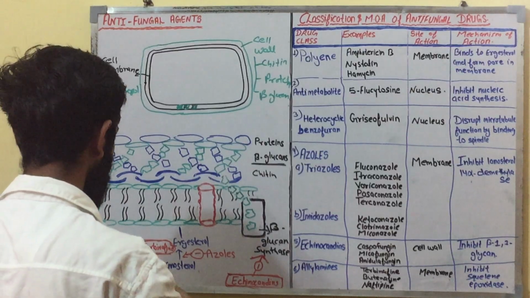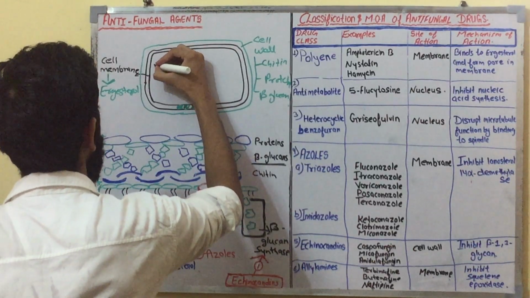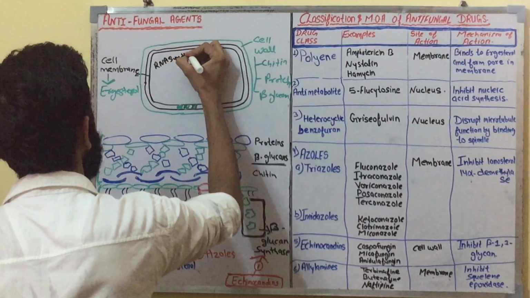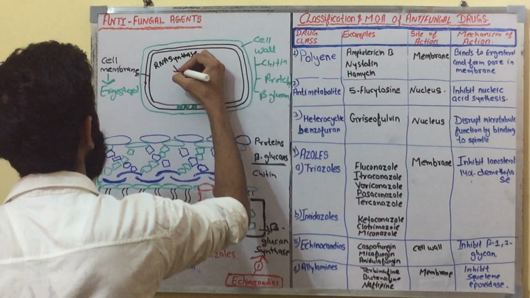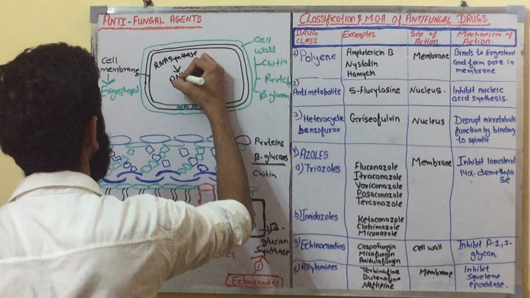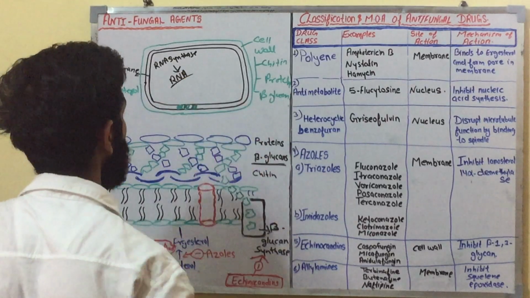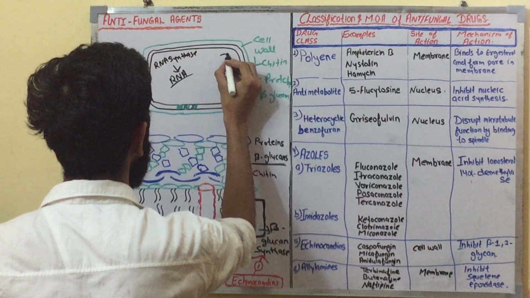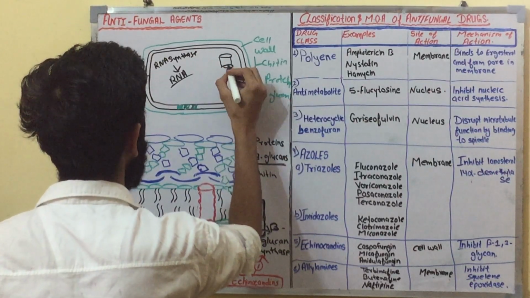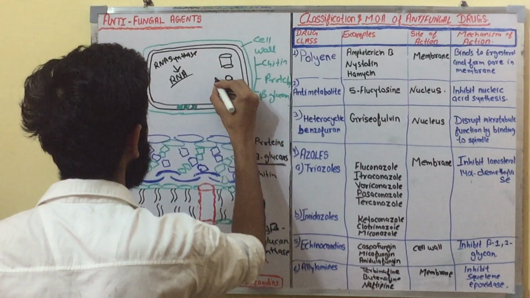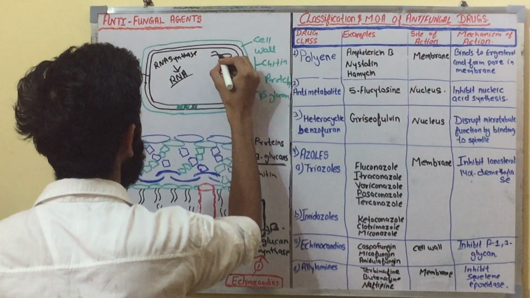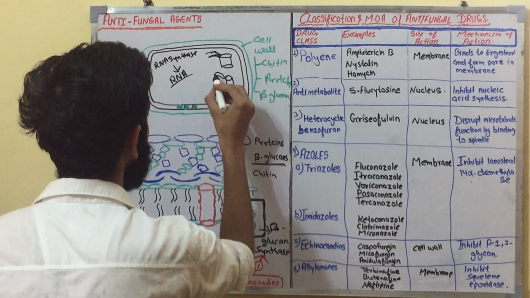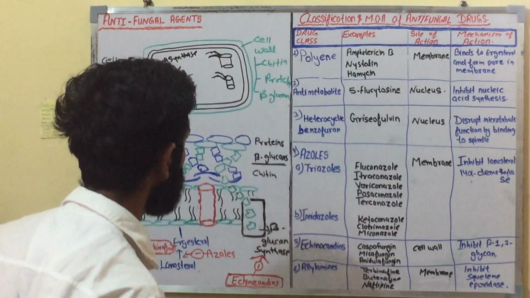Here is the RNA synthase enzyme, which synthesizes RNA, which is important for the synthesis of protein. The cell also has centrioles, which have hair-like structures called microtubules.